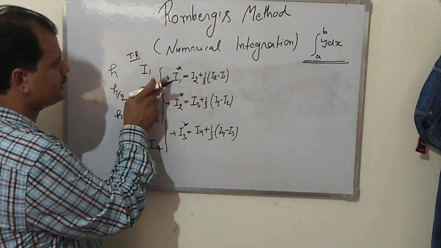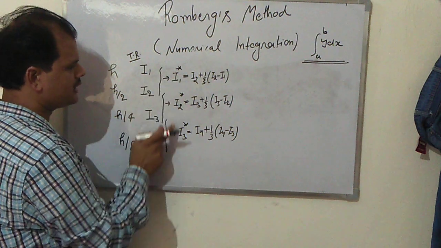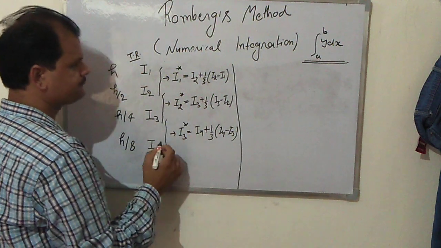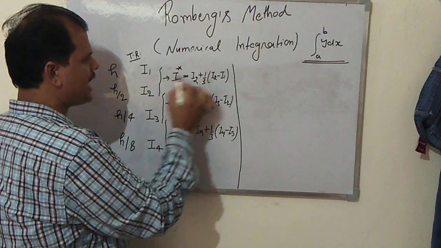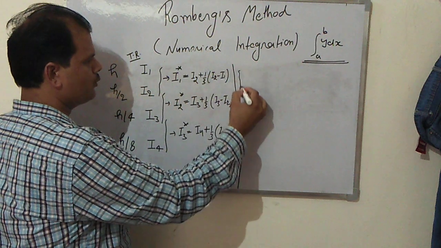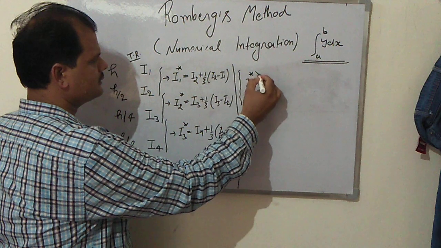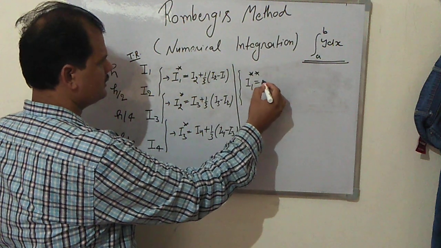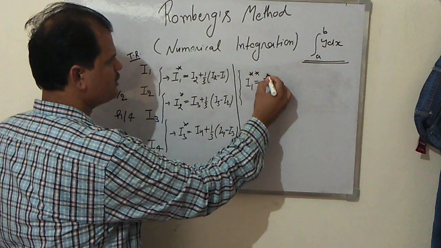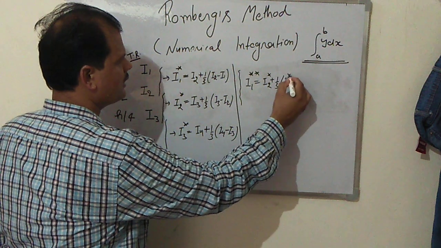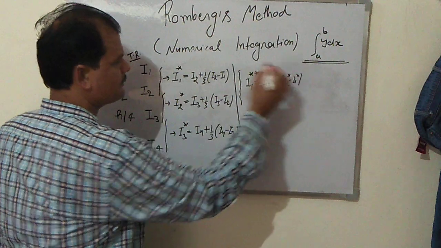Now let us use I1 star, I2 star, I3 star to try to get more accurate results. Using I1 star and I2 star, we can have I1 double star, which is nothing but I2 star plus 1/3 of (I2 star minus I1 star).